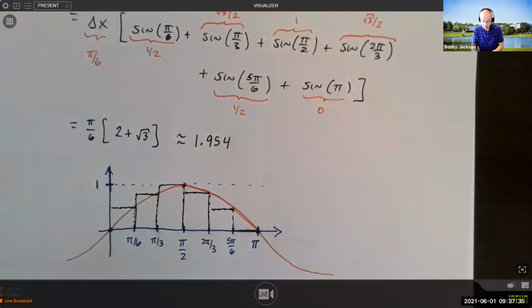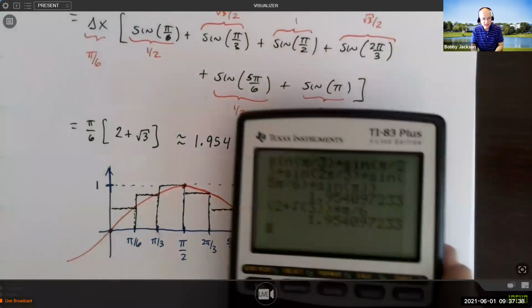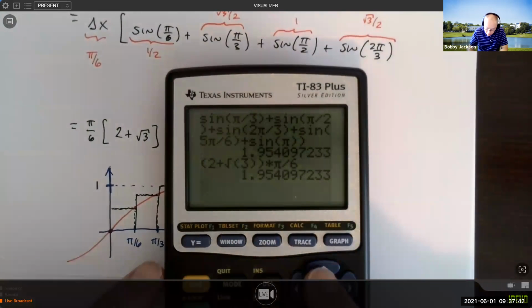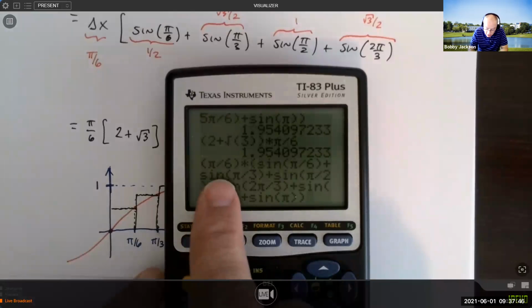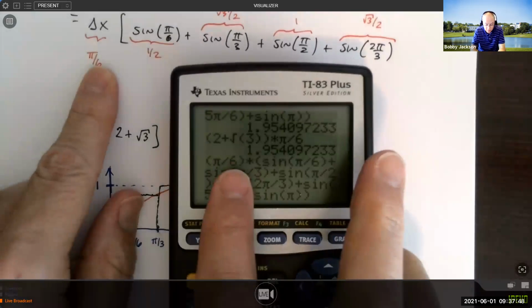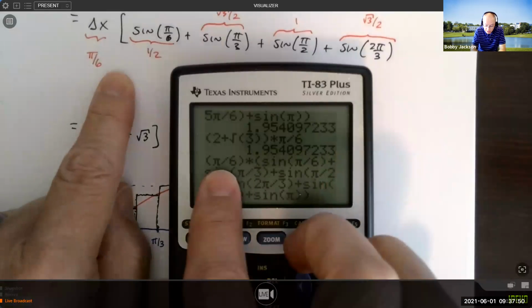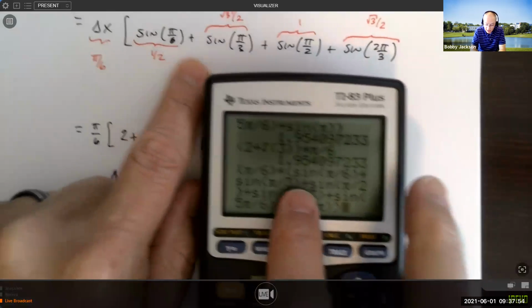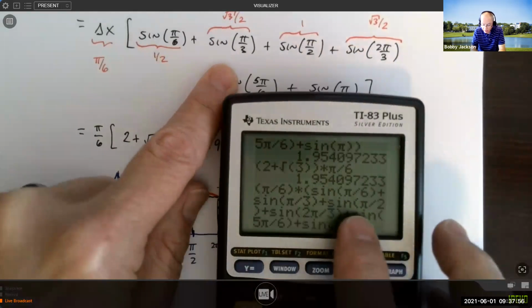Now I did that in my calculator both ways. You could see I did pi over 6 times, in parentheses, the sine of pi over 6 plus the sine of pi over 3 plus the sine of pi over 2 and so on.